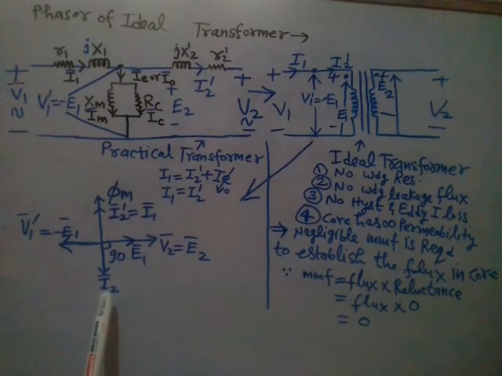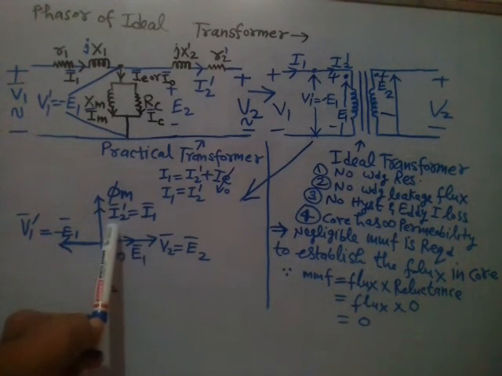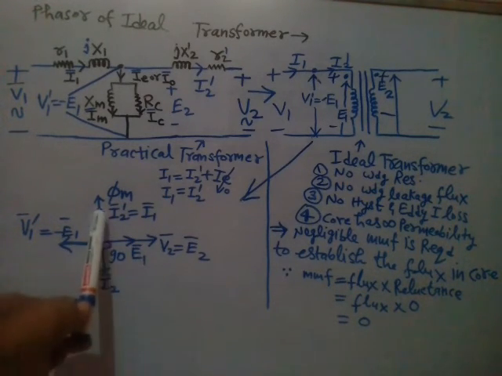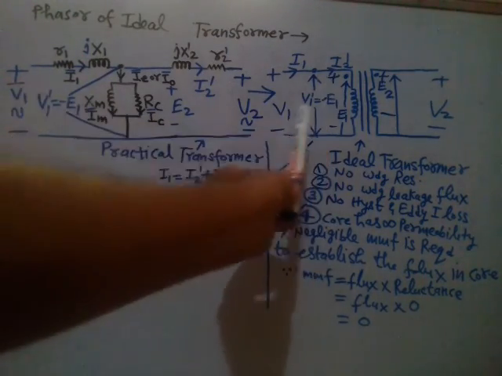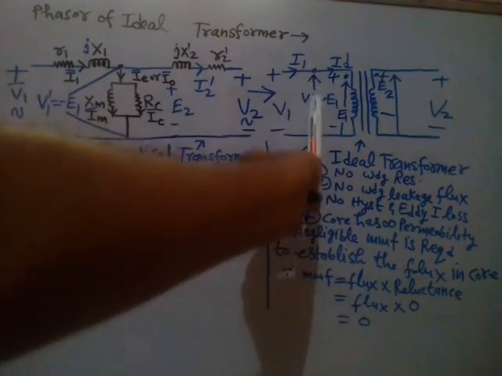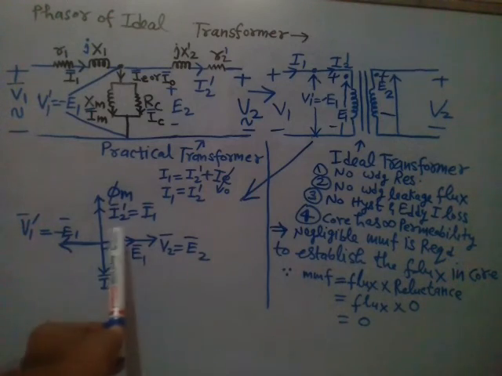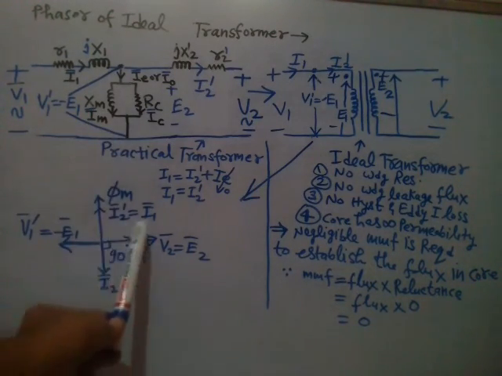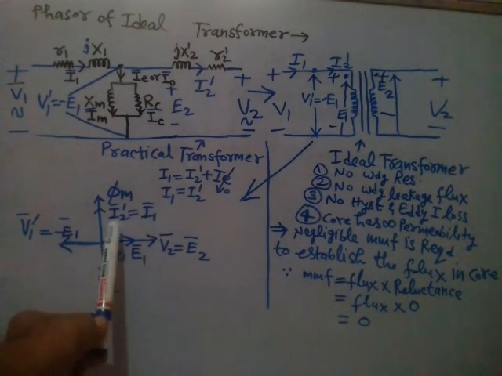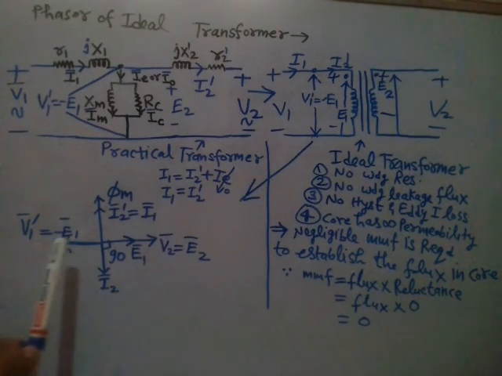In step number 6, you have to draw this I1 is equal to I2 dash. Take I2 backside, so I2 dash is equal to I1. From here it is clear, I1 is equal to I2 dash, because IE is 0, because we have ignored the shunt branch. That was step number 6. Now the last step is the 7th step.